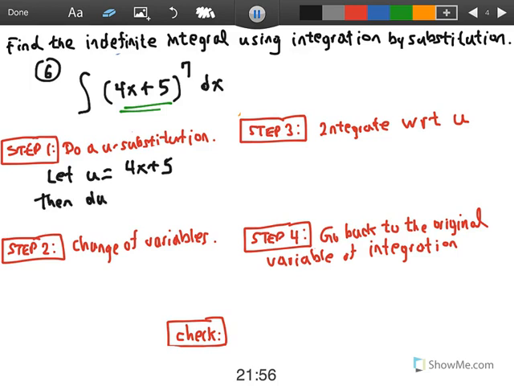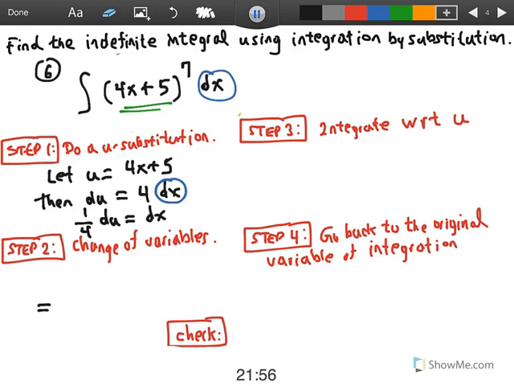Then the differential of u will be the derivative of 4x plus 5 with respect to x, which is 4, multiplied by dx. Now you see that you have dx in the original integral, and we can isolate for dx here in this equation by multiplying both sides of the equation by 1/4.